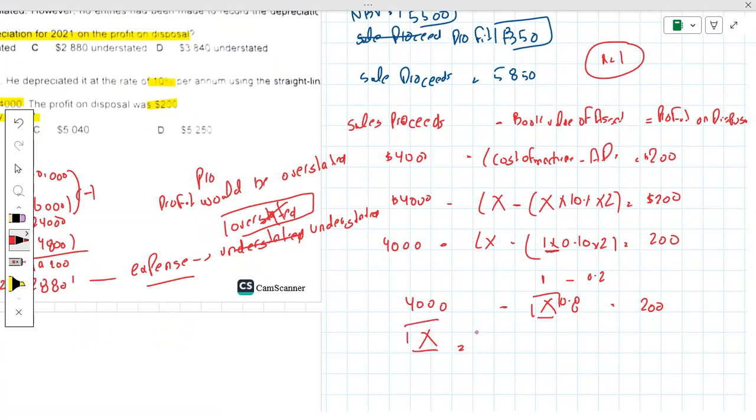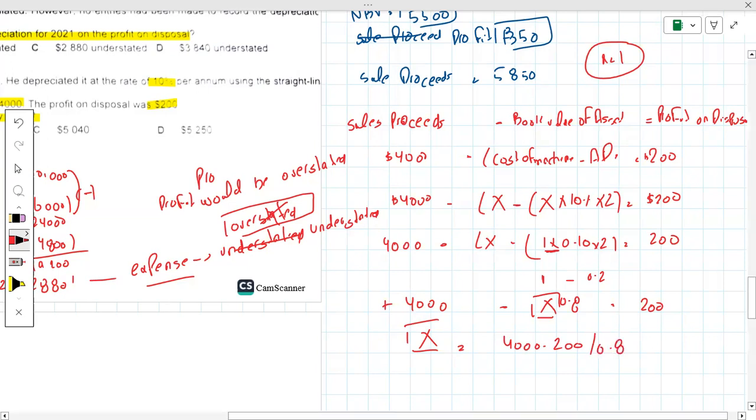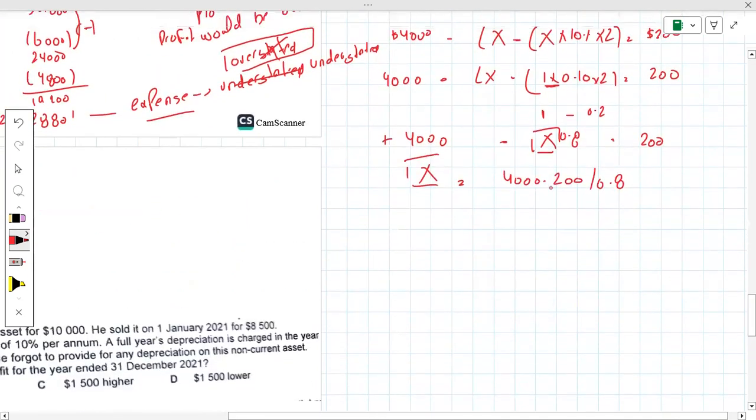So because we are making it the subject, this is the plus here, so it would be negative on the other side. The sign would be changed. So 4,000 minus 200 divided by 0.8, because it is multiplying here, so it would be divided on this side.